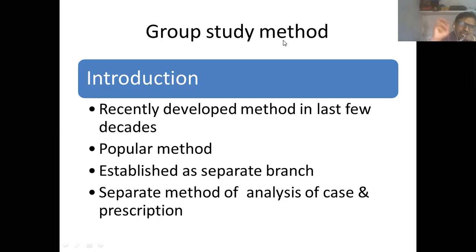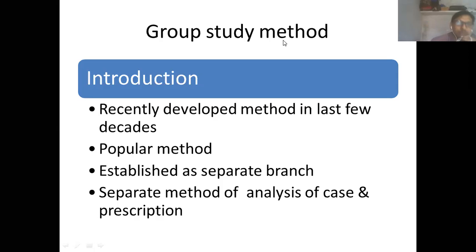And then there are various tricks and guidelines narrated on how to identify such groups of remedy. But the point I want to highlight is that this method has become a separate method of analysis of case and prescription.